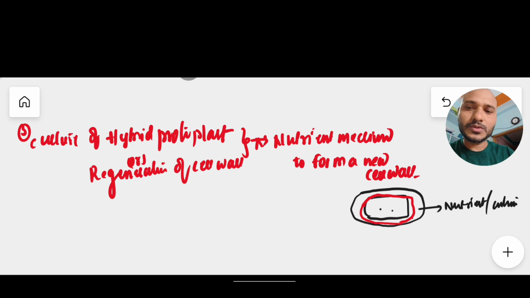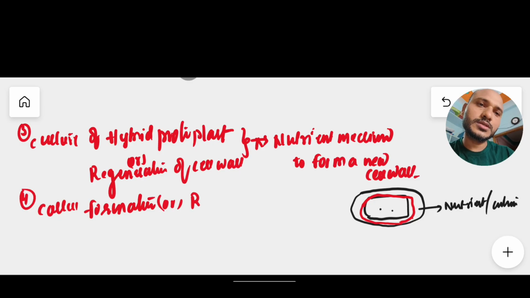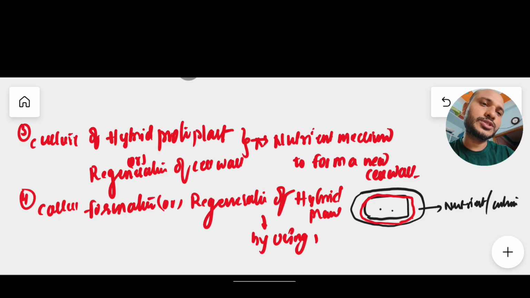Now coming to the fourth and most important step, callus formation, or development of hybrid plant by using tissue culture. After formation of the new cell wall around the protoplast, we transfer this protoplast to a nutrient medium called MS medium.